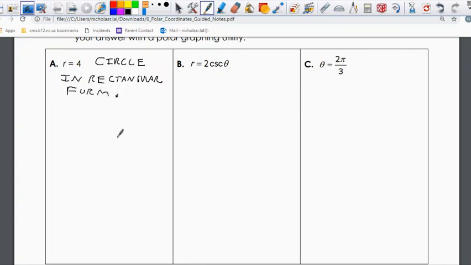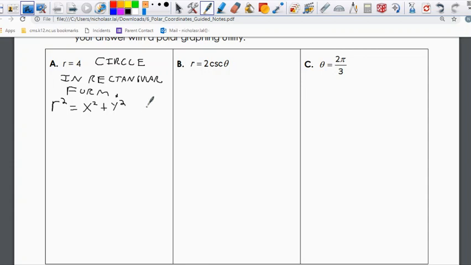How do we know this? Well, remember, r squared is equal to x squared plus y squared.